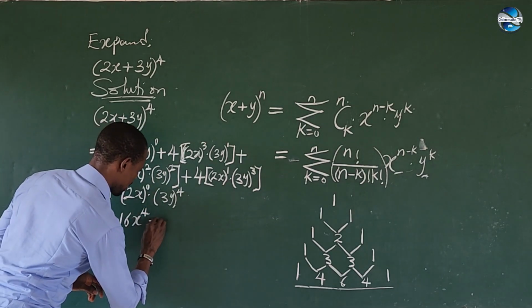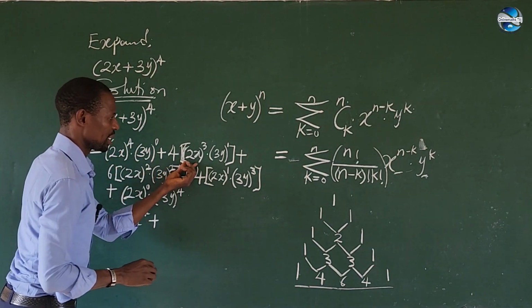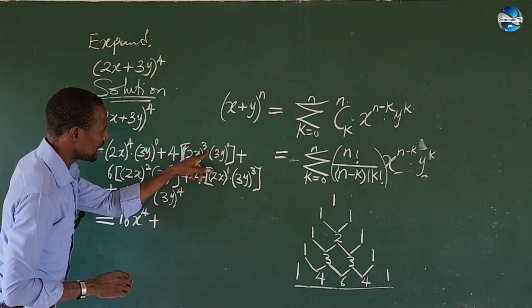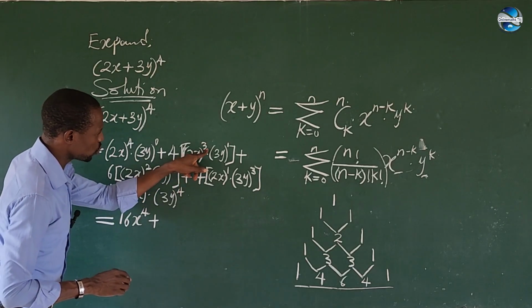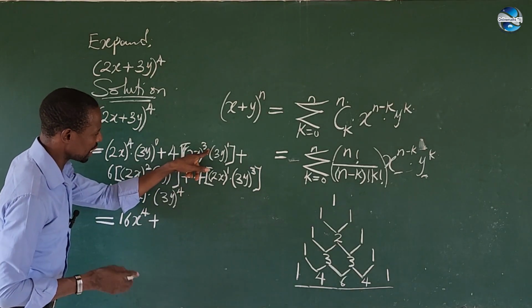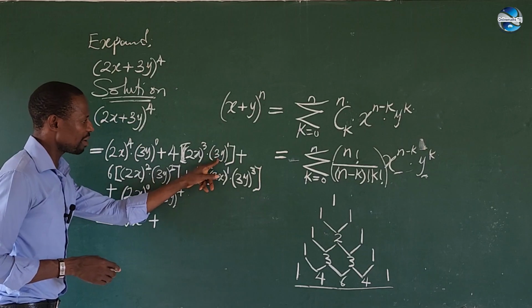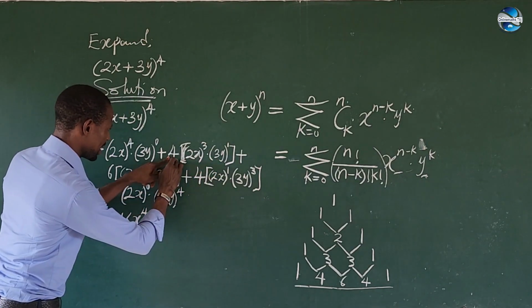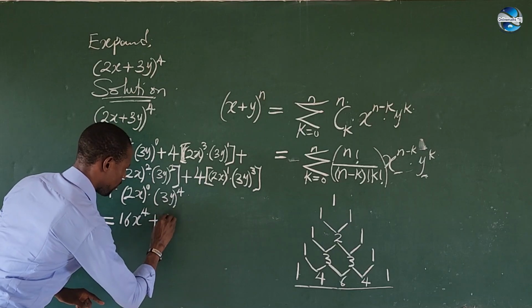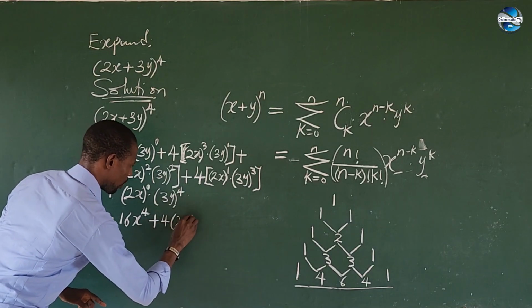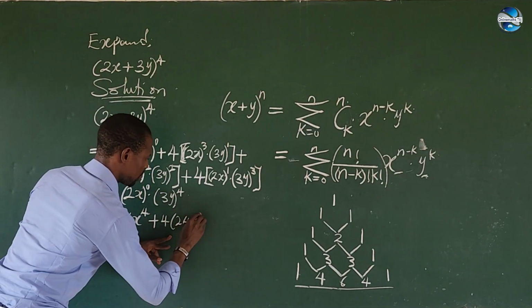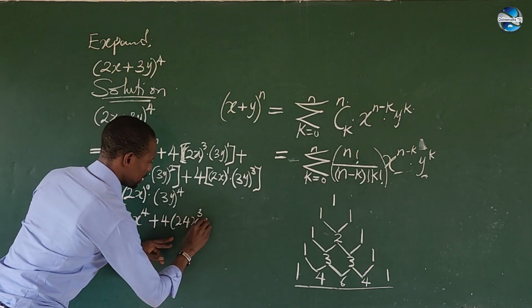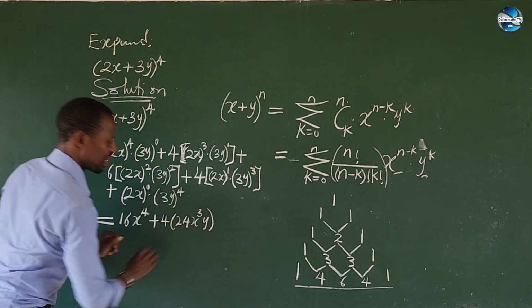So we now come here, plus, we come to this term here. This 3 is affecting this. So 2 to the power of 3 will give us 8. Here we have 3. So 8 times 3 will give us 24. So we have here 4 into 24, x to the power of 3, then here we have our y, close bracket.